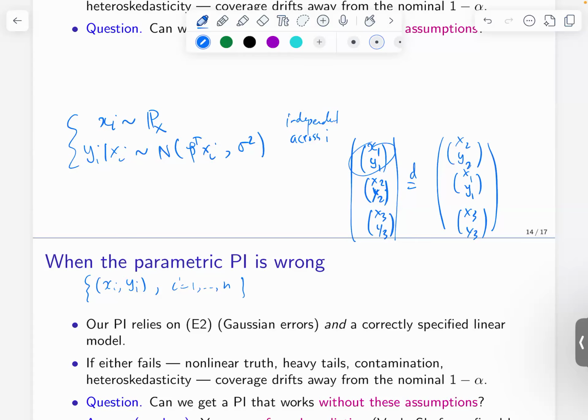There could be dependence among them, so you have a giant joint distribution among all your samples.